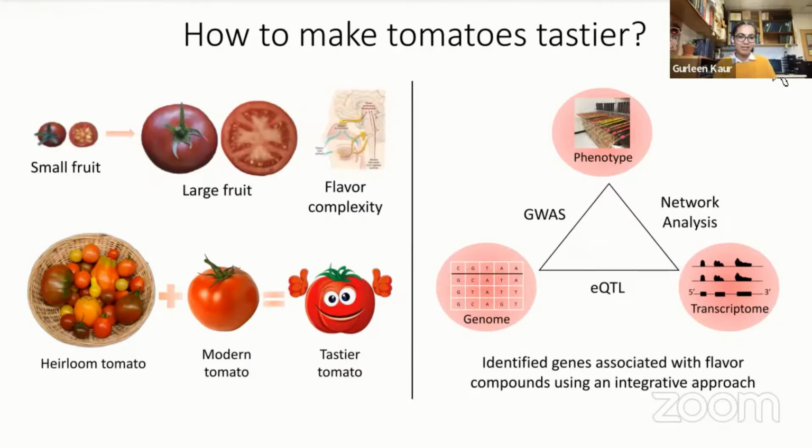Only sugars and acids will lead to a bland tomato. Most of the current tomato plants have lost the chemical compounds responsible for good tomato flavor. So now we are looking for ways to make big tomatoes more flavorful by combining them with diverse heirlooms, as you can see in the figure.